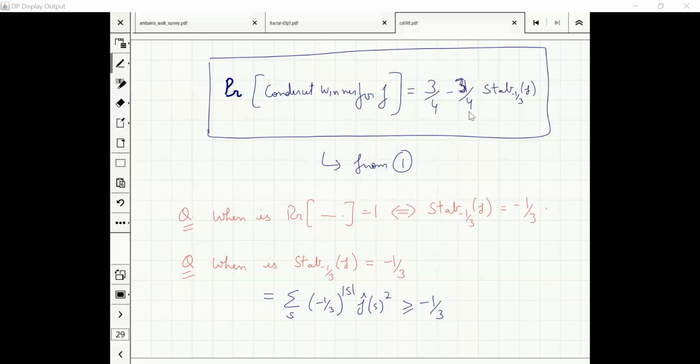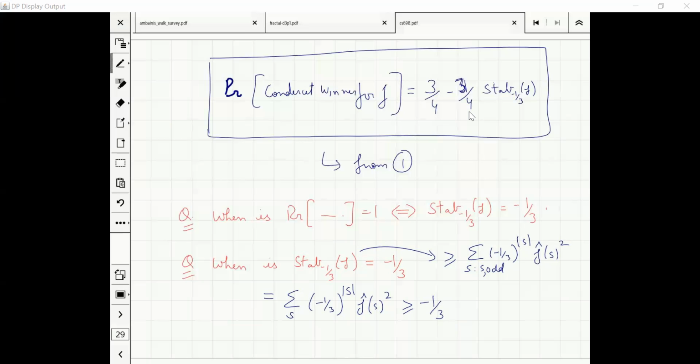If f hat of S is concentrated on an even part, that will give me something positive. I can ignore them. That means my stability is greater than or equal to the summation over S such that S is odd of (-1/3)^|S| f hat of S squared. Correct? This is definitely true because even cardinalities would only add to this.